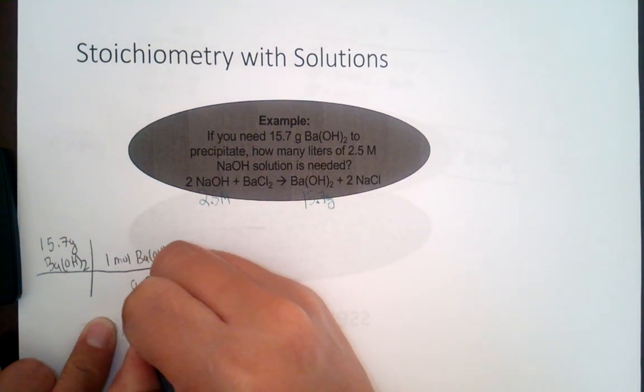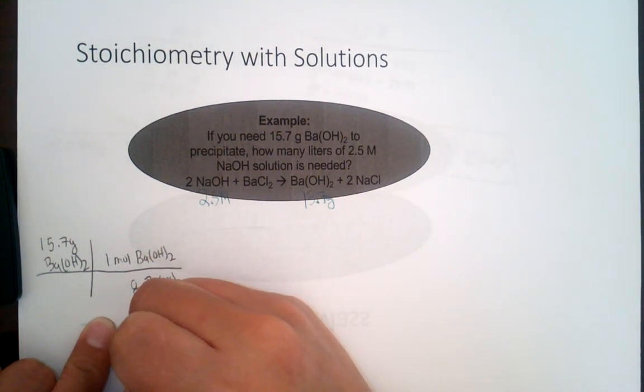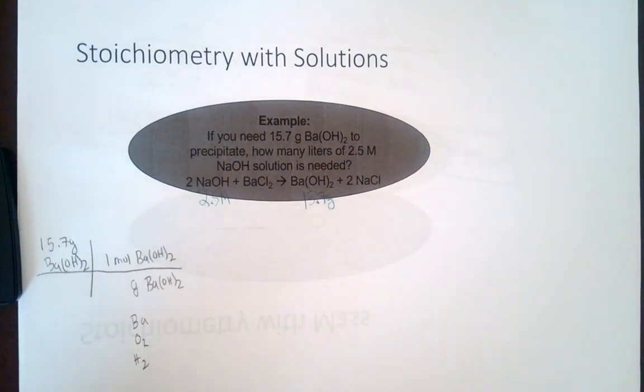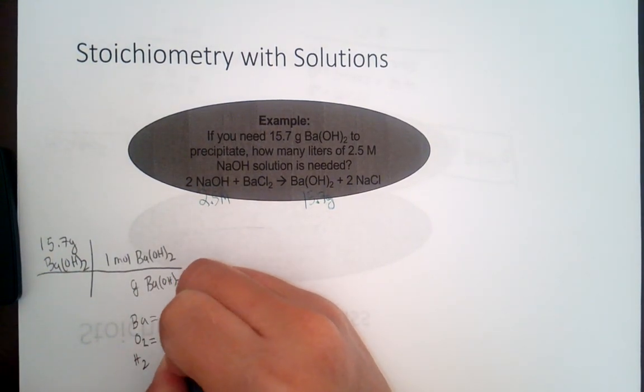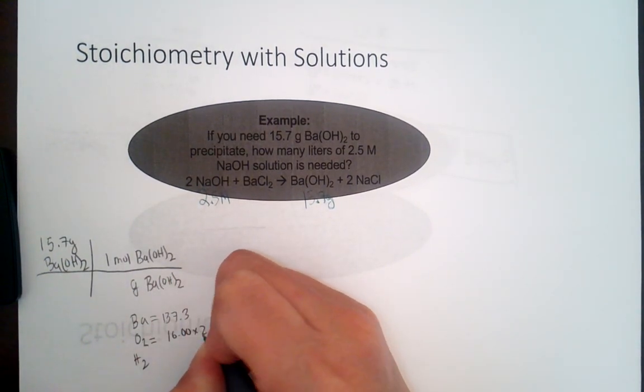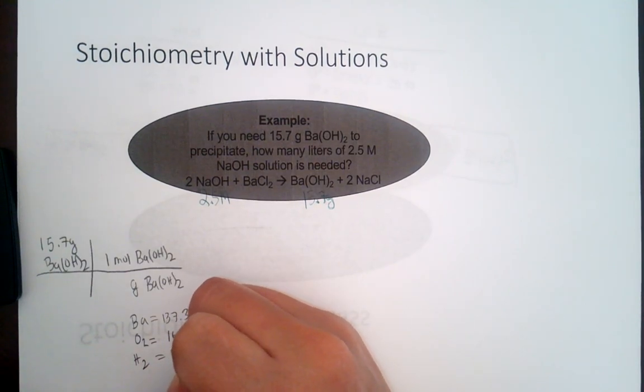Okay, so Ba, and remember, you have 2 O's, you have 2 H. You do not have 2 Ba's, you only have 1 Ba. So Ba is 137.33, O is 16.00, and you have 2. H is 1.01, and you also have 2 of that.